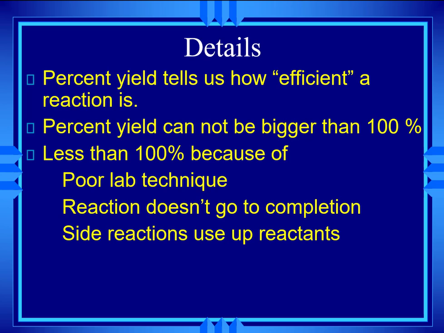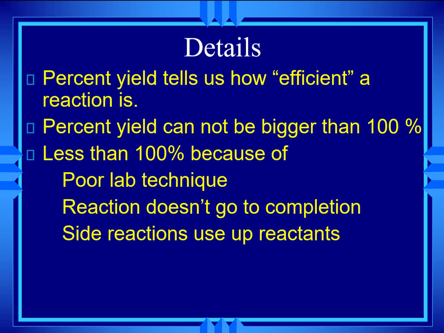Remember, double bonds don't rotate. So this is different than this. Or they can come together like this, where both chlorines add onto the same hydrogen. All 3 of those are possibilities.